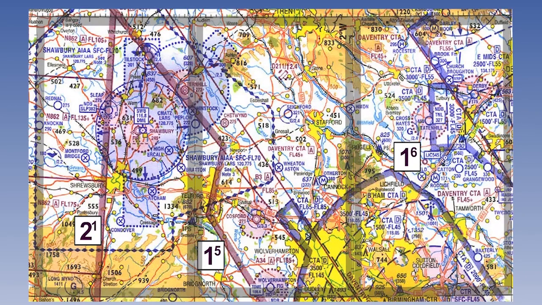Within each rectangle, usually of 30 minutes of latitude by 30 minutes of longitude, two separate elevations are identified. The highest natural feature, mountain, hill or ridge, and the highest man-made obstacle, such as a TV mast.